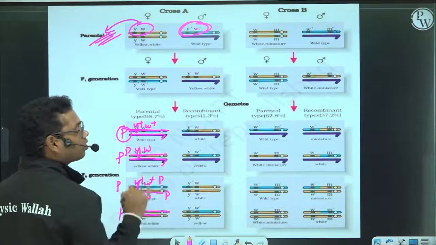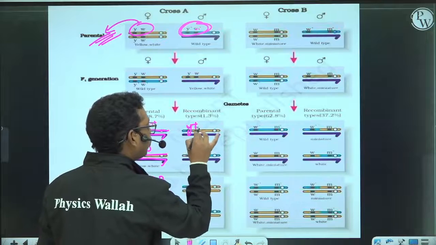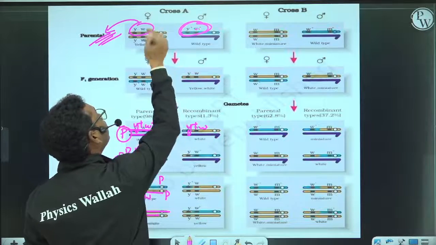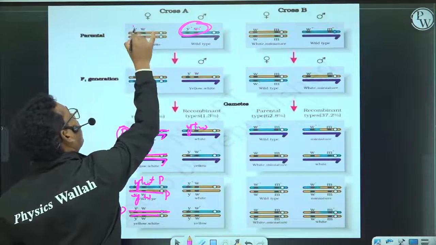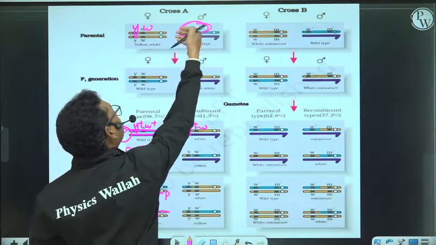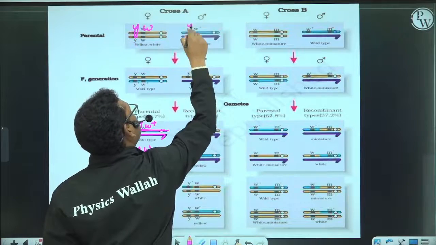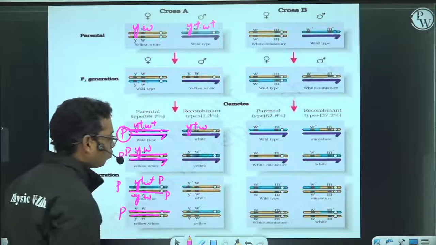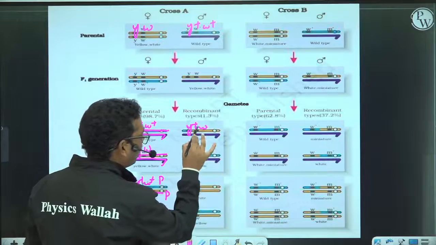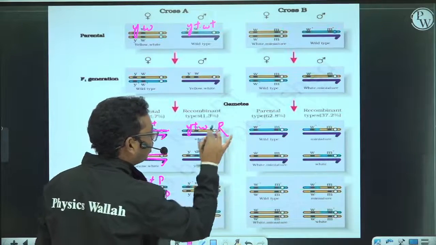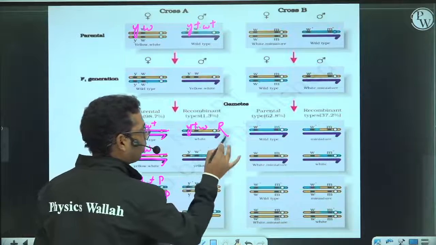In this case y plus and w: in the parental combination, y is present with w, and y plus is present with w plus. Here y plus and w are present together, so this is recombinant type, and this is a parental chromosome.